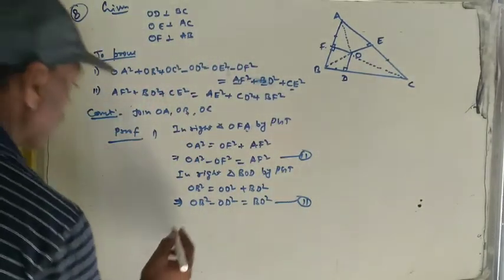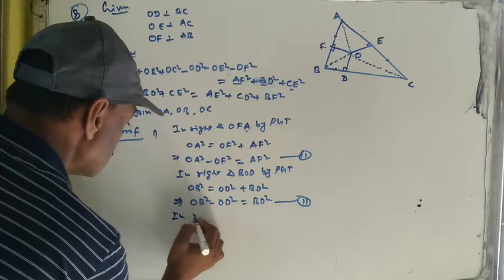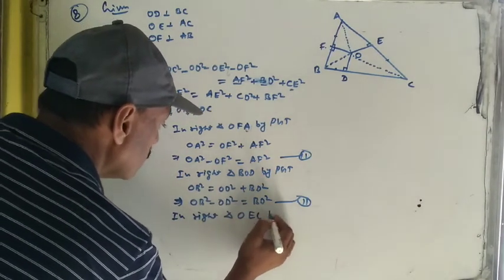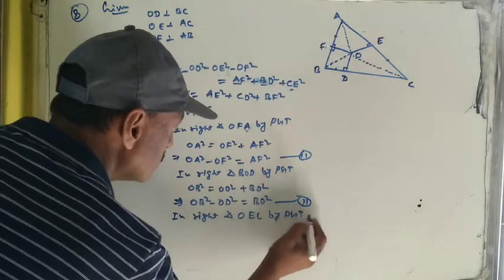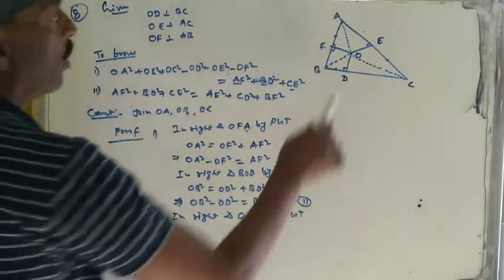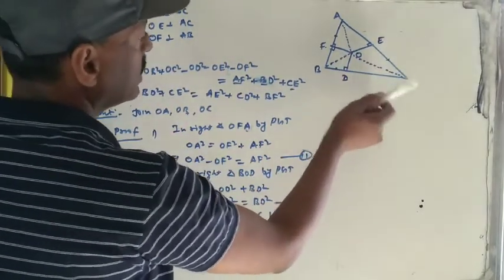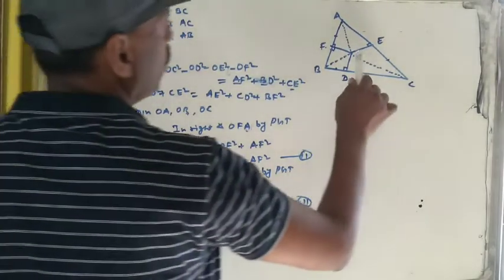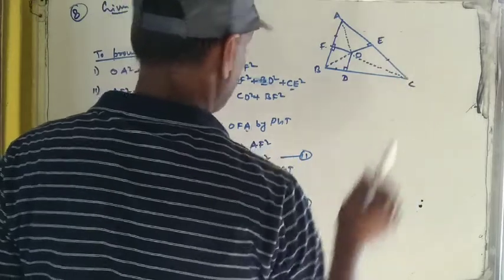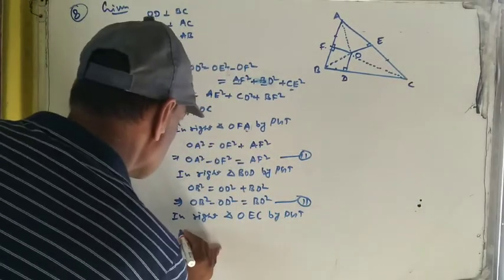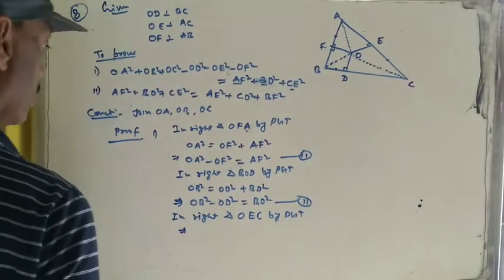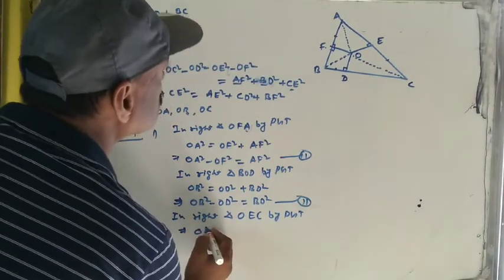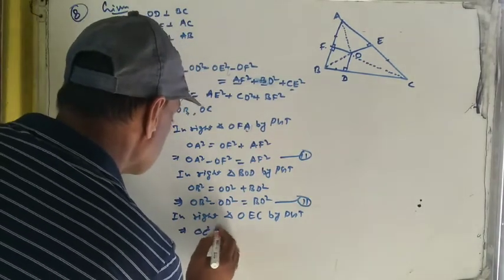So in right triangle OEC, by Pythagoras theorem, we can write OC square equal to OE square plus CE square, where OC is the hypotenuse.